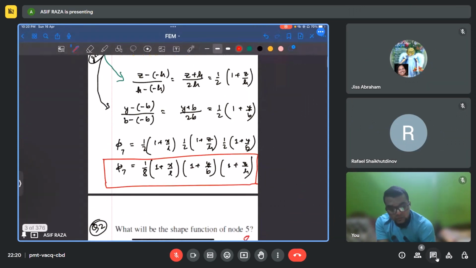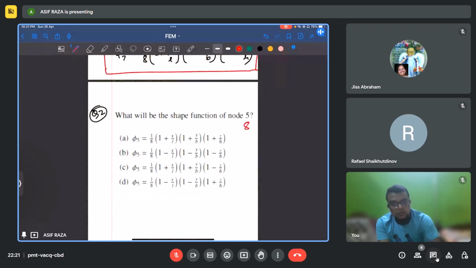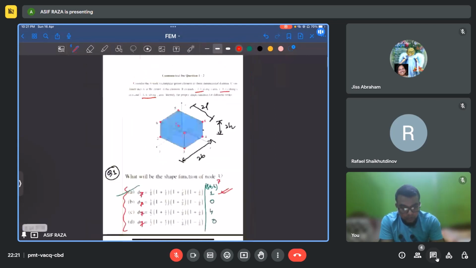Now, there's a question asked in the assignment for node 5. Let's do for our case node 8. So here, node 8. Okay. Node 8 is on the positive side of the x-axis, on the negative side of the y-axis, and on the positive side of the z-axis.